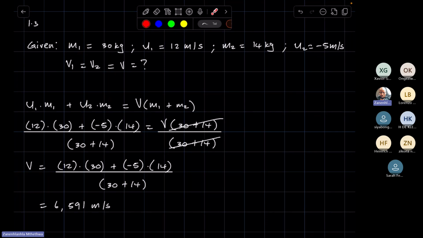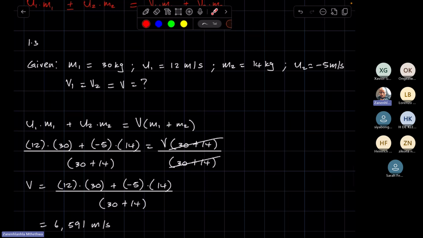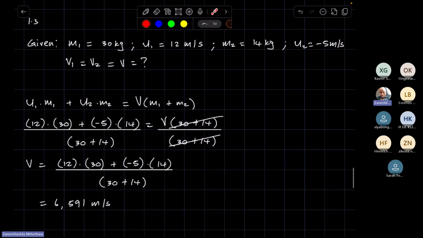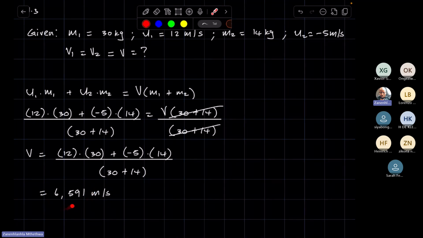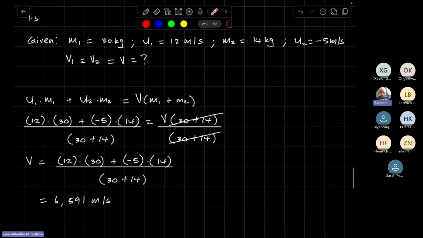So I'm saying, had we assumed that mass 1 is headed west, so had we made this negative and assumed that mass 2 is headed east, hence made this positive, then here we would have gotten a negative answer, which again would have suggested that after the collision, the two objects moved in the direction where mass 1 was headed.